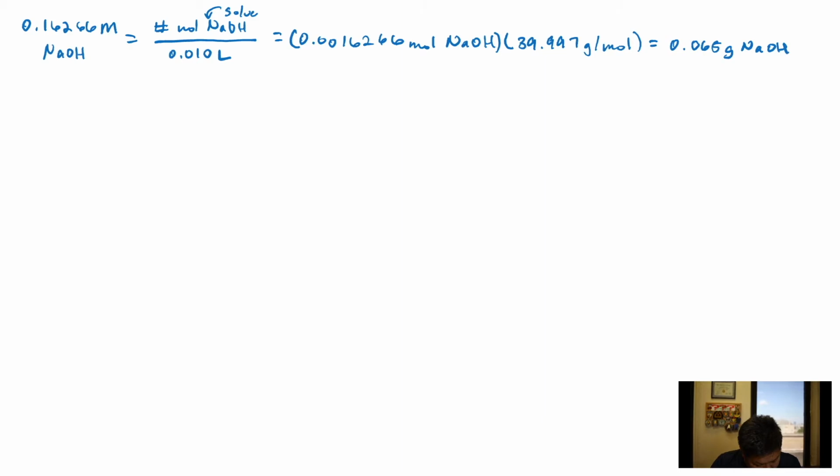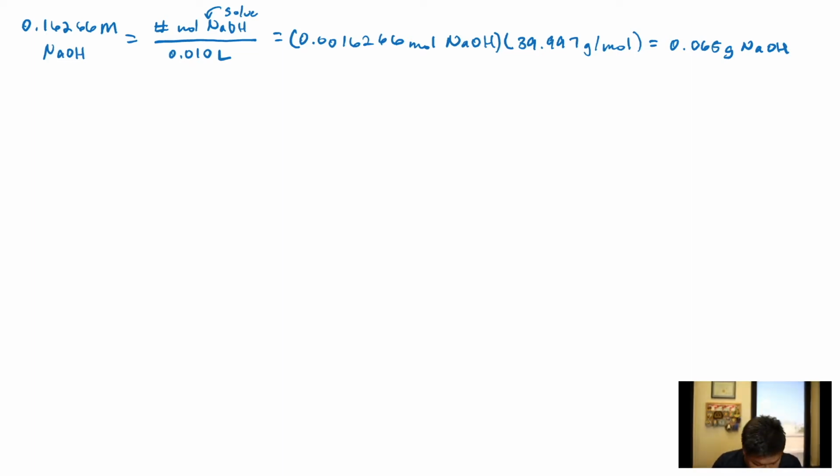And so what you can do now is go ahead and write out the number of moles. You can calculate the number of moles based on the uncertainty that is associated with the number of grams.